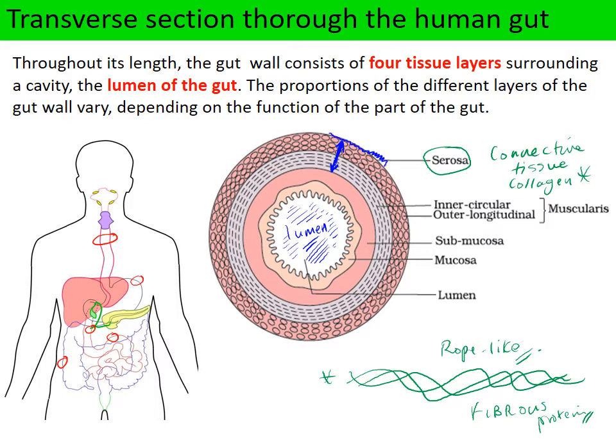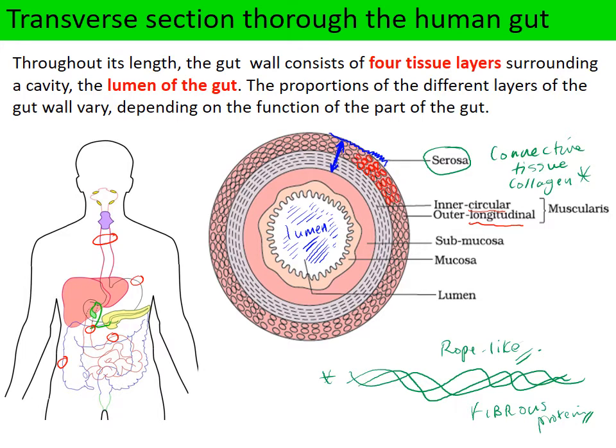Now, the outer layer of the muscularis is called longitudinal muscle, and the inner layer of the muscularis is called the circular muscle. Now, you can kind of see here in the longitudinal muscle layer, it has actually got circles on this diagram. So why would it be called longitudinal muscle if we can see circles? Why is it not the circular muscle layer?